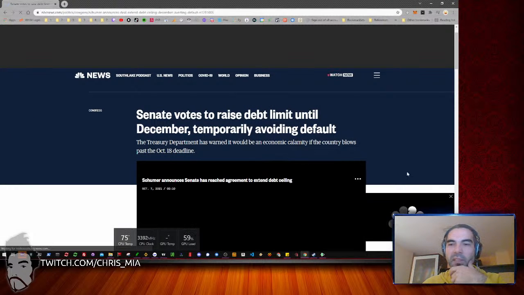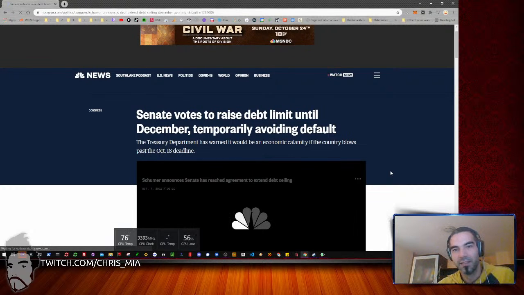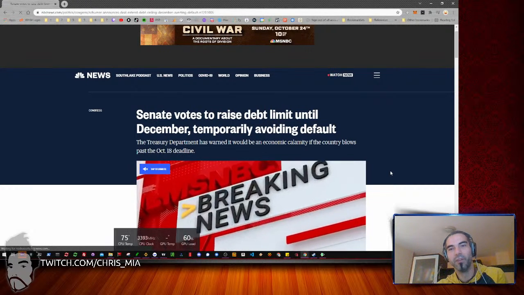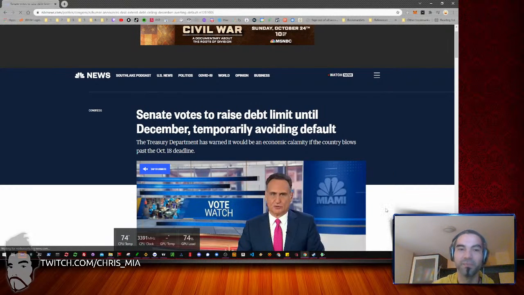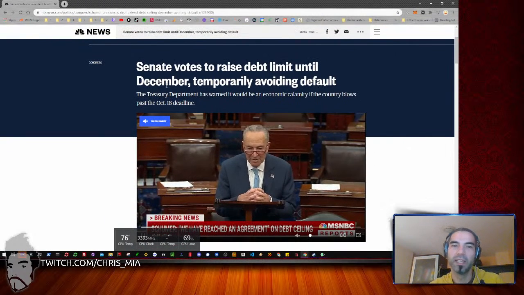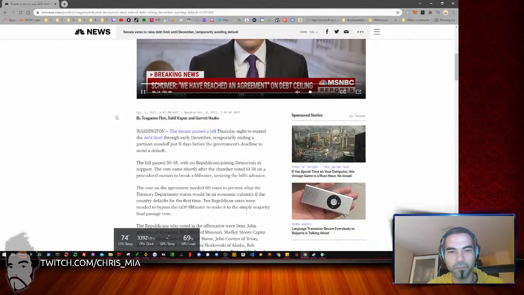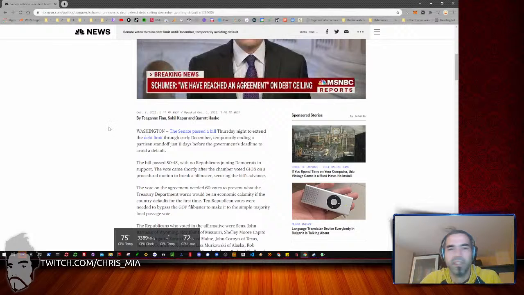So that's a bit of a key takeaway here. Sure, we're temporarily avoiding default with the debt ceiling limitations extended, but it's only until December. Again, that key area of effect. This happened just a few days ago. Oh, yesterday, I think it happened yesterday.